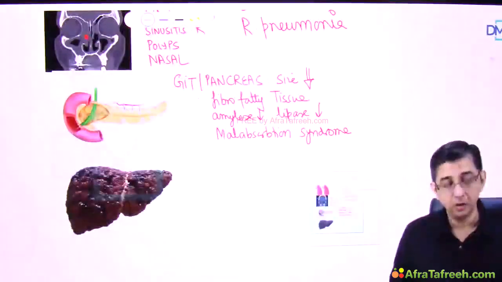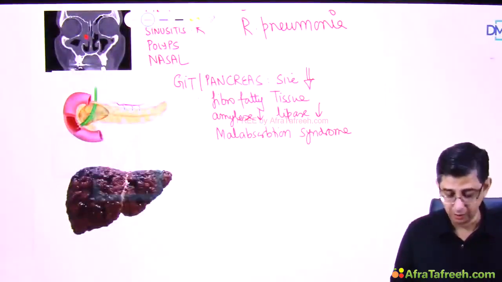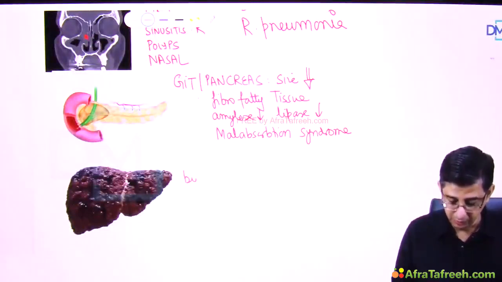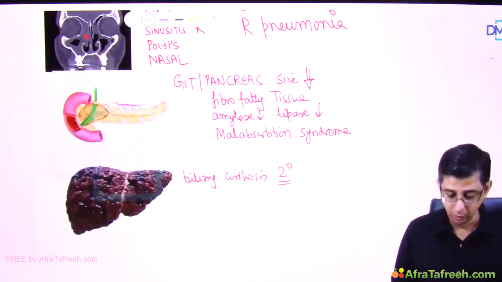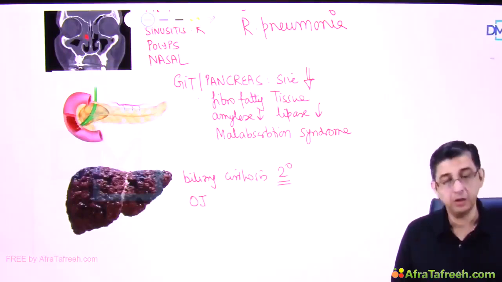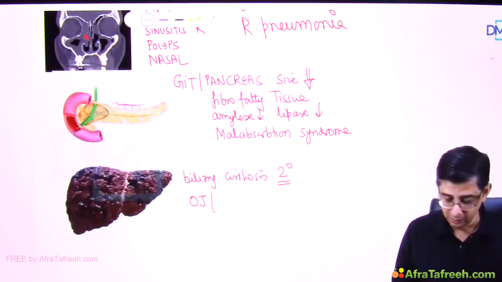Then the liver is involved. You can see the greenish representation that I've shown here. These patients will end up with development of biliary cirrhosis. Once they end up with biliary cirrhosis of the secondary variety, then there could be features like obstructive jaundice written in the question, or rather these patients might be having prolongation of physiological jaundice.